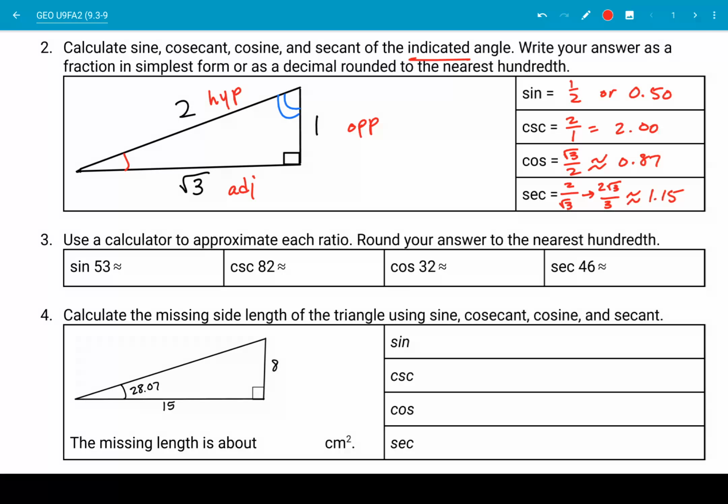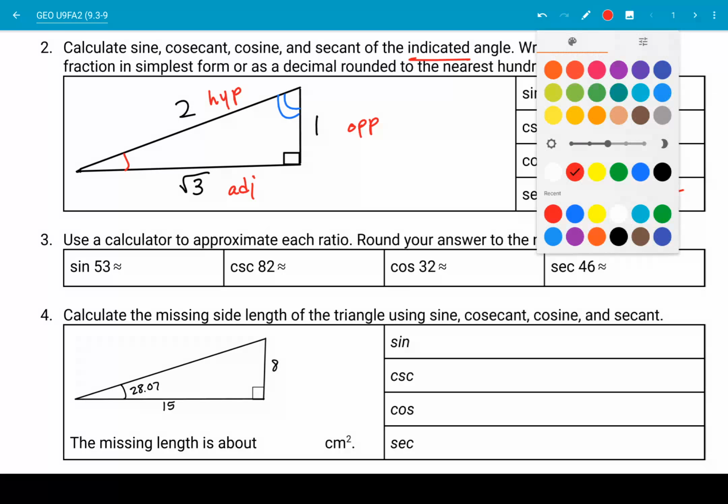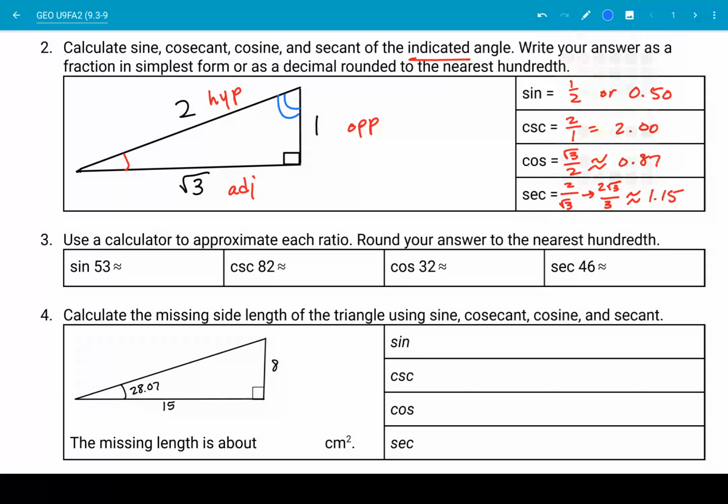Okay, let's check what our answers would have been if we had done the blue angle. If we had done the blue angle, then we'll put these over here. Sine, cosecant, cosine, secant. Okay, so sine would have been opposite over hypotenuse. This would have been rad 3 over 2, which would have been our 0.87.